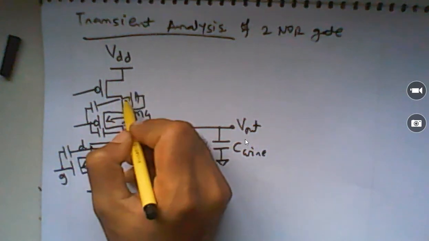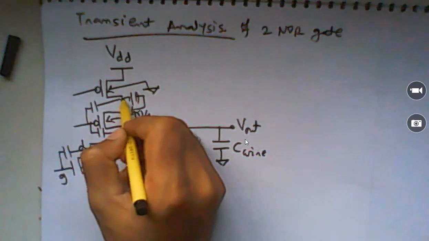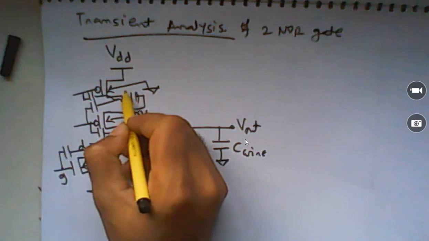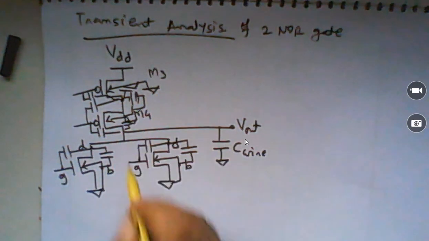And two capacitors of MOSFET 3, which is at the intermediate node, come into the picture.